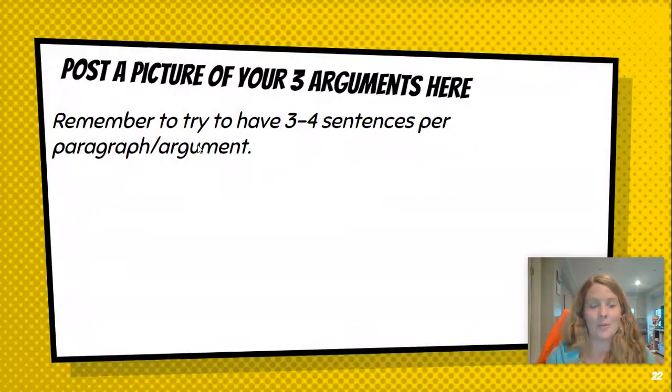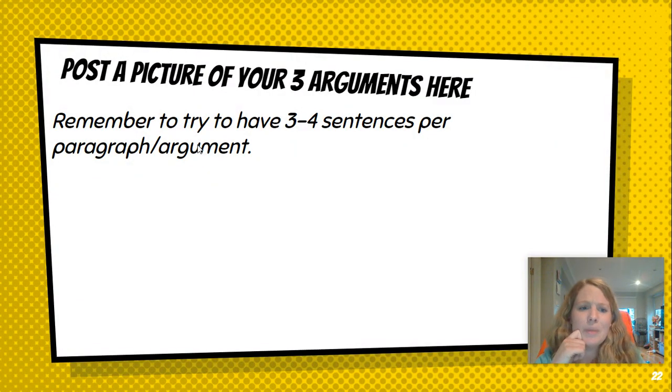Quotes. Yes, so dynamic dialogue. Please remember to try and have 3 to 4 sentences per paragraph, because you don't want to just have 1 sentence per point, because that's not actually explaining your point and why that point is important.